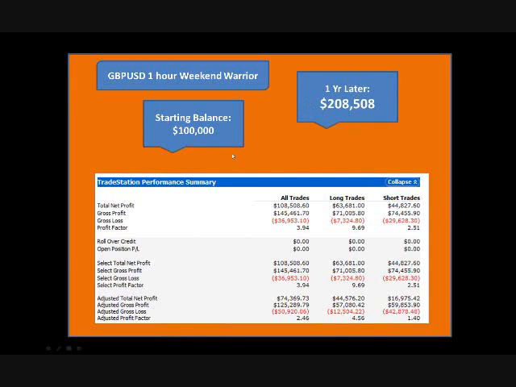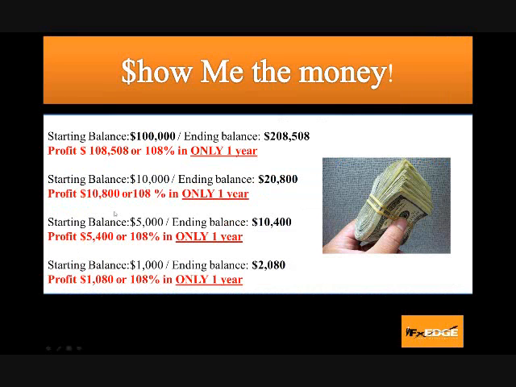Basically it turned $100,000 into $208,508 just 1 year later, by itself, just this one currency pair. So you can do the math for yourself: $10,000 into $20,800, $5,000 into $10,400, and $1,000 into $2,080 in that time period.